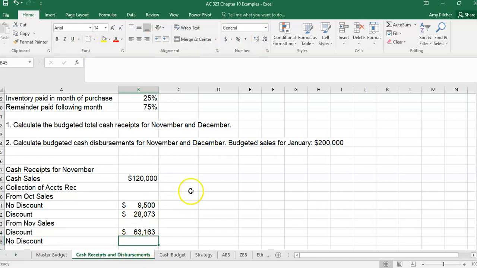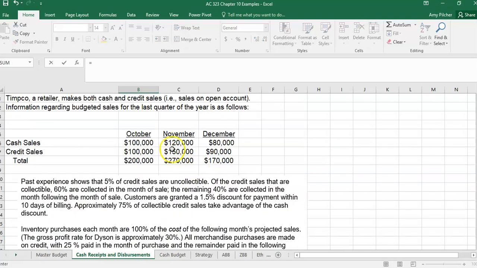And the customers that don't take a discount are our credit sales from November times 0.95 times 0.6 times 0.25.